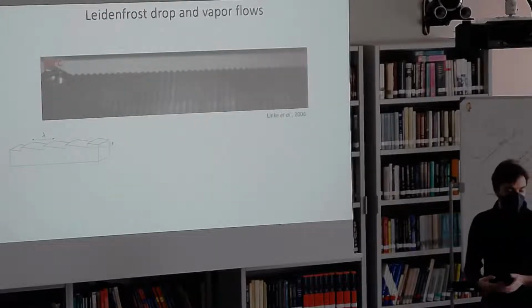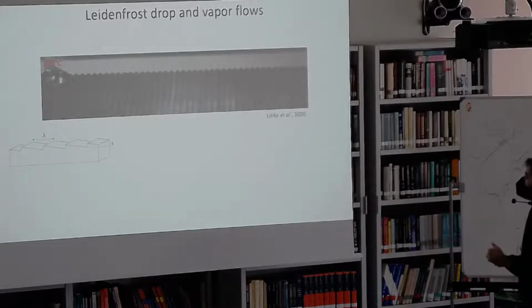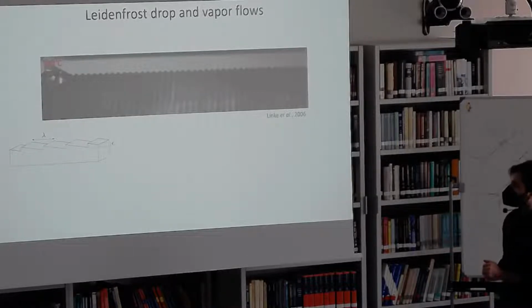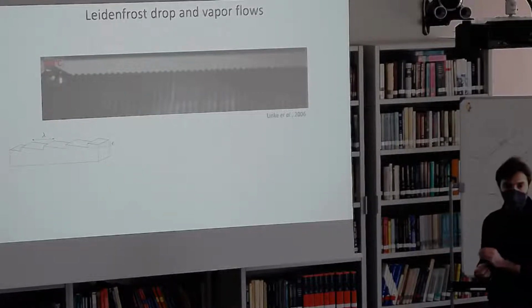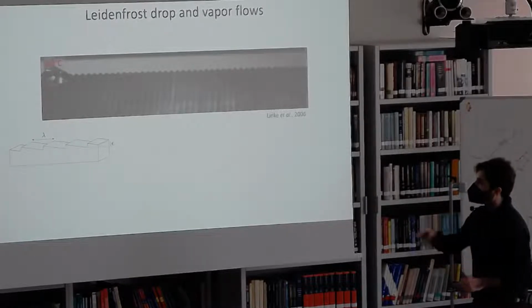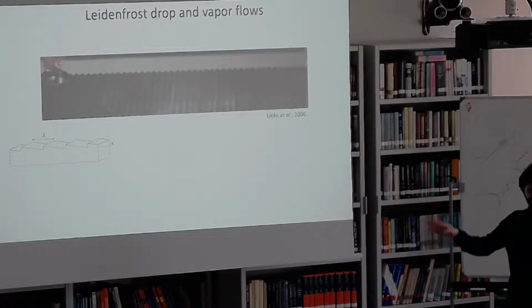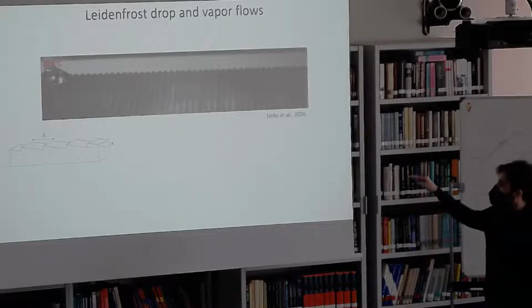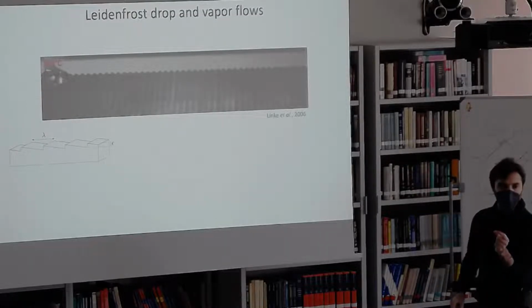And one example of that was discussed by Linke when he deposited a water drop on top of a ratchet substrate. So you have this kind of geometry there with all those asymmetric teeth on top of your substrate. The textures are millimetric.